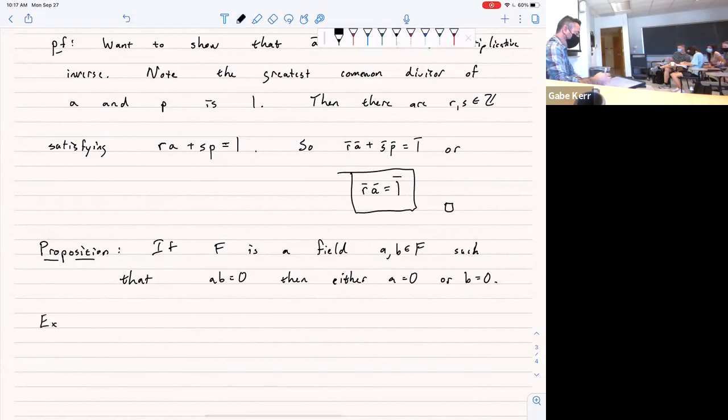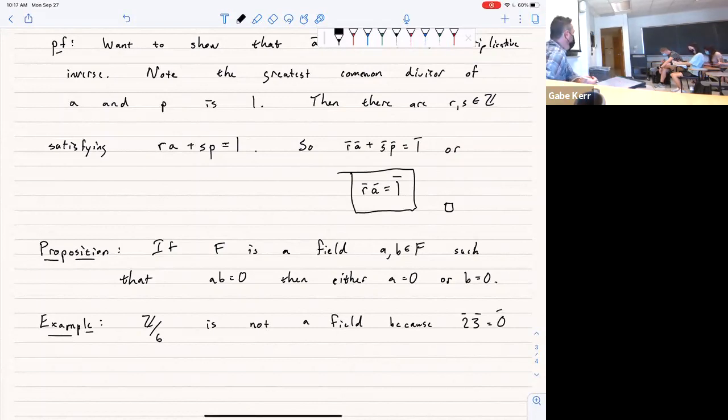I'm not going to prove this, though I think I kind of verbally proved it more or less. If I look at something like Z mod 6, we can see this is not a field, because 2 times 3 is 6, which is congruent to 0.